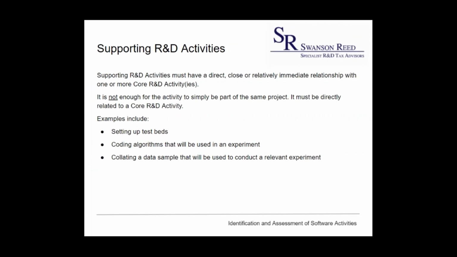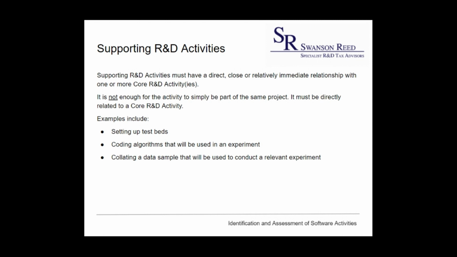If an activity does not meet the core R&D activity eligibility criteria itself, but is directly related to, and in some cases also undertaken for the dominant purpose of supporting, a core R&D activity, it may still be eligible as supporting R&D activity. To be directly related, an activity must have a direct, close, or relatively immediate relationship with one or more core R&D activities.